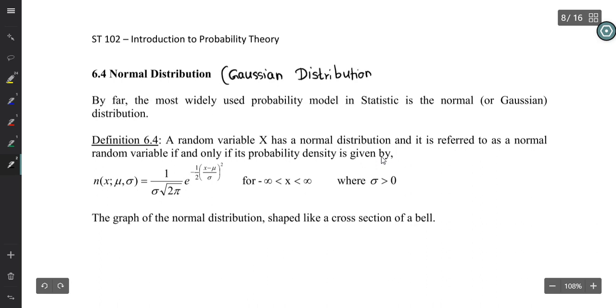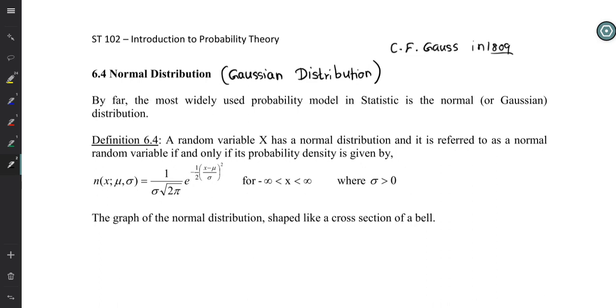This is called the Gaussian distribution because this was introduced by the German mathematician Carl Friedrich Gauss, or C.F. Gauss, in 1809. So in order to honor him, we call the normal distribution the Gaussian distribution.